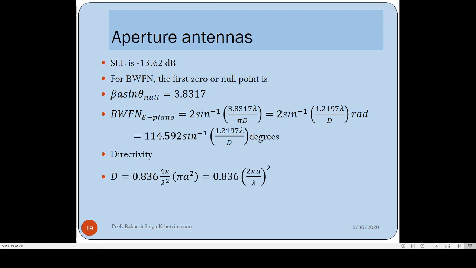For the rectangular waveguide, aperture efficiency was 0.81, but for the circular waveguide it has a little bit higher aperture efficiency, it's 0.836. So you can find directivity as aperture efficiency, which is 0.836 for the circular open-ended waveguide, times 4 pi by lambda square, area of the aperture is pi a square. You can express this also as 0.836 times pi a by lambda whole square.